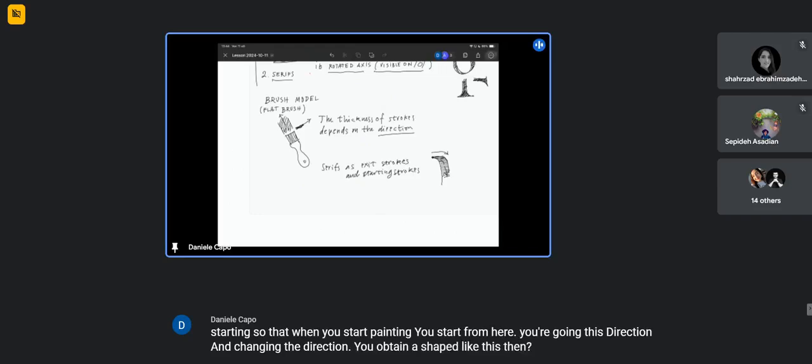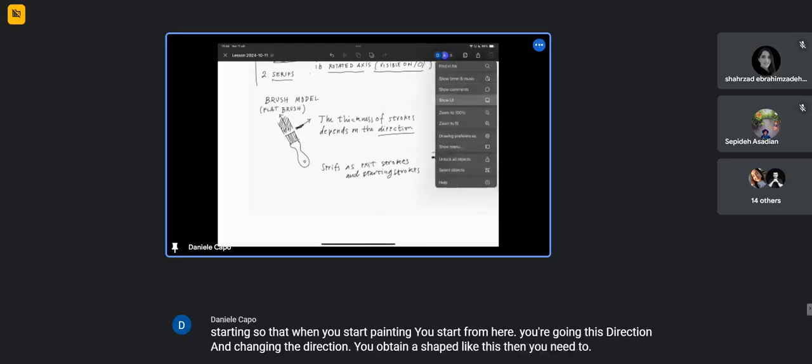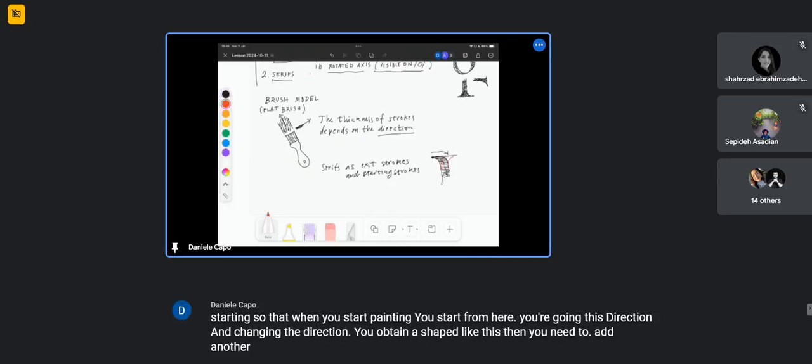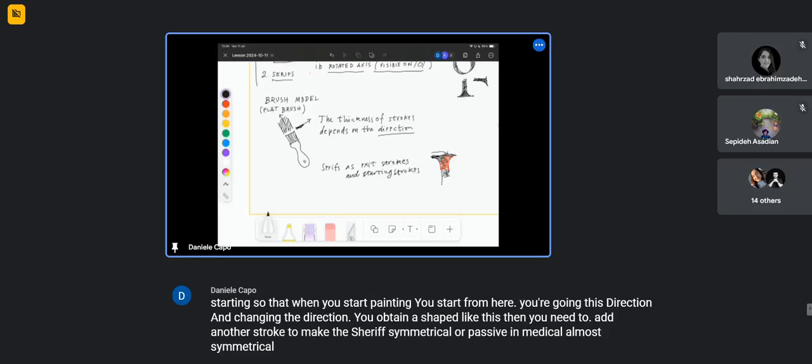Then you need to add another stroke to make the serif symmetrical or quasi-symmetrical, almost symmetrical. Okay?